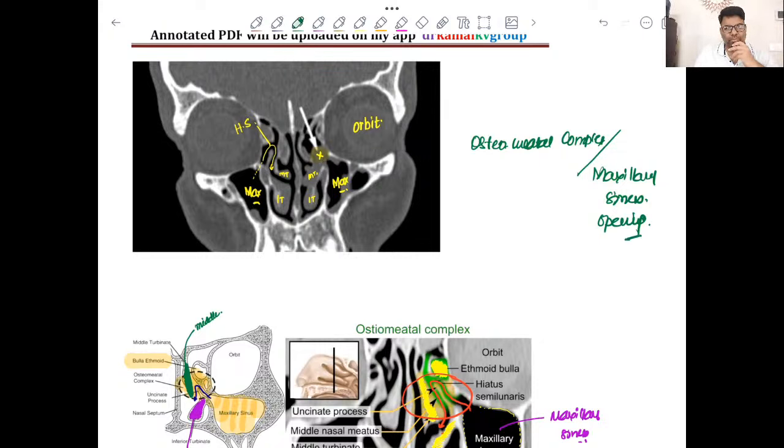So either of the words are true for this particular thing, because what we can see here is that there is no opening for the maxillary sinus. So you can say that there is blockage of the maxillary sinus, or you can also say that there is blockage of the osteomeatal complex, which is actually related to the opening of the maxillary sinus, right?